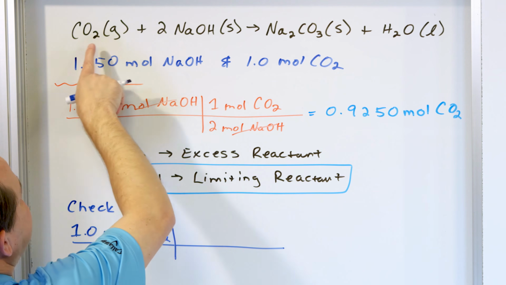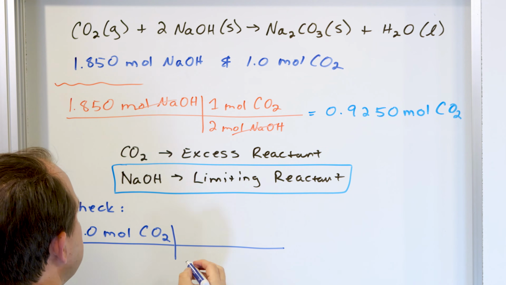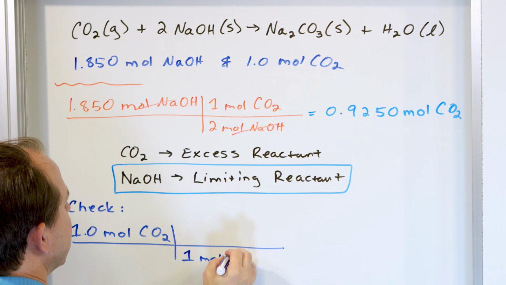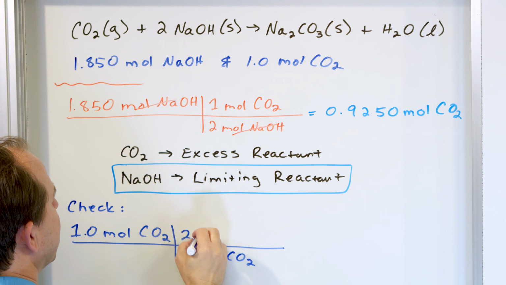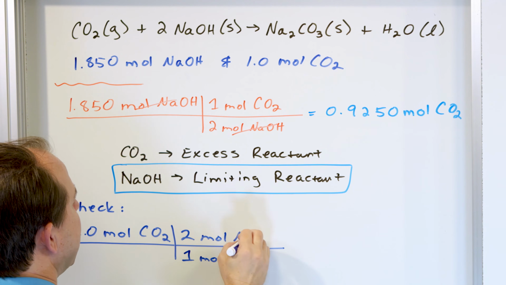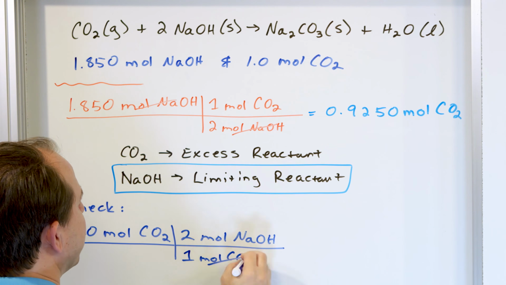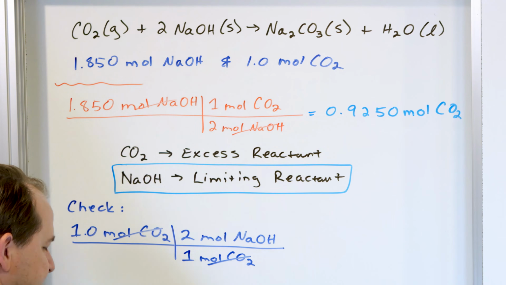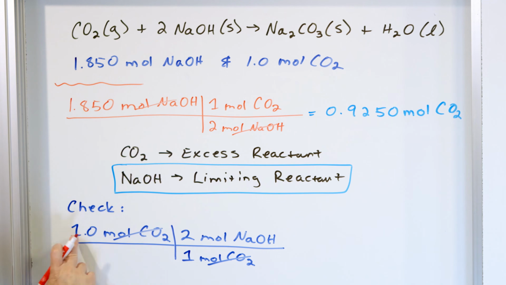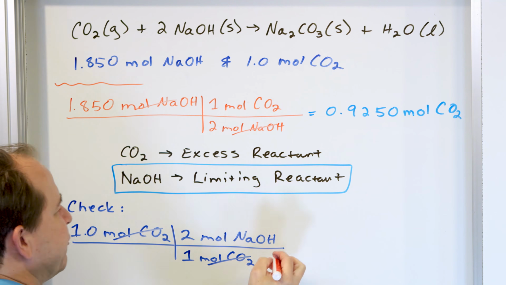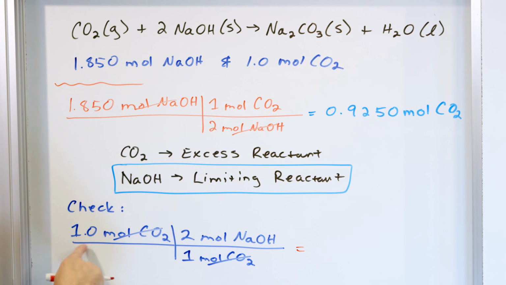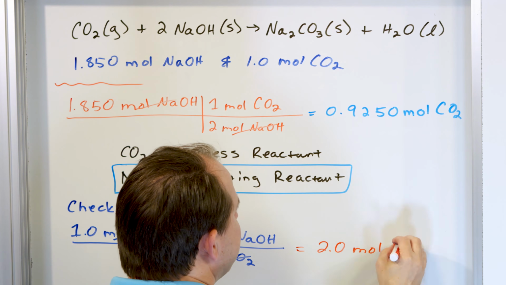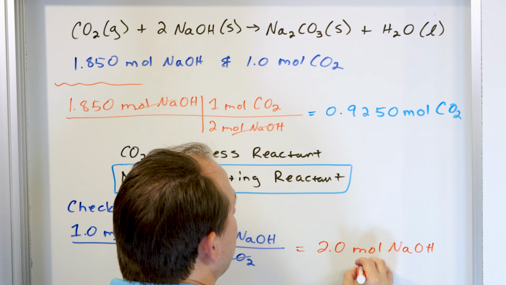Well, they react in the ratio of 1 CO2 to 2 moles of sodium hydroxide. So 1 mole of CO2 to 2 moles NaOH. And of course, the moles of CO2 cancel. So what this is basically telling us is that if I start out with 1 mole of carbon dioxide, how much sodium hydroxide is required to react with it? 1 times 2 is 2.